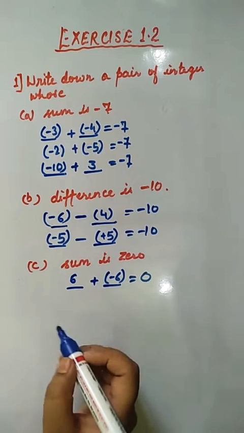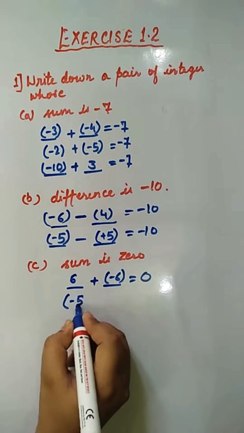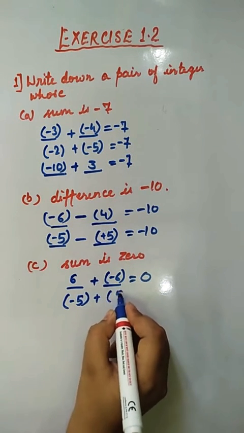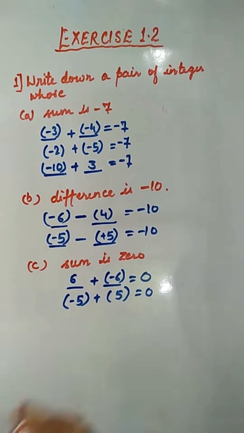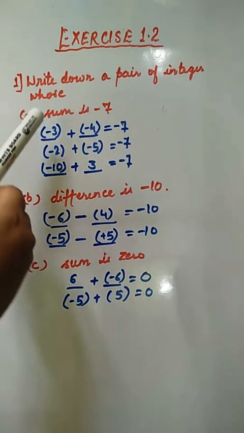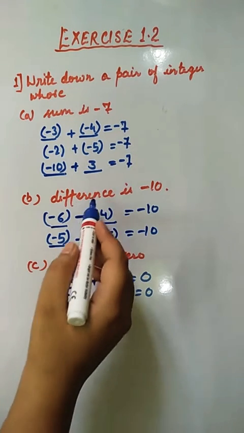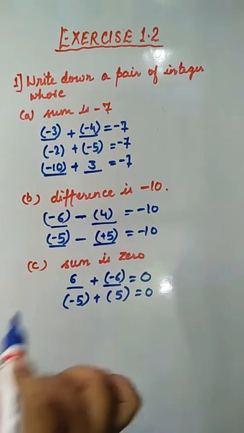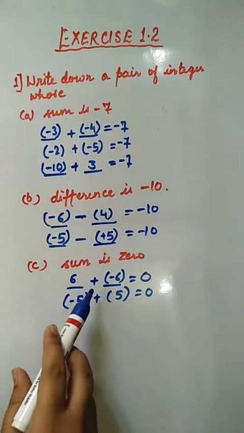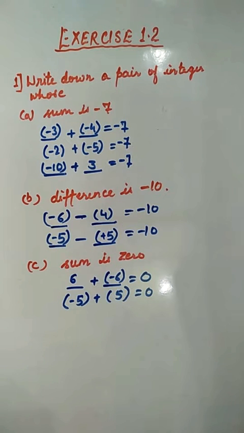Their sum will be 0. Or -5 plus 5, it will also be 0. But you have to take care of this symbol, because if it says sum, you will write the positive sign in between. If it says difference, you will write the negative sign in between. Again in this sum I have written the positive sign. So with this we have done the first question, all the parts.